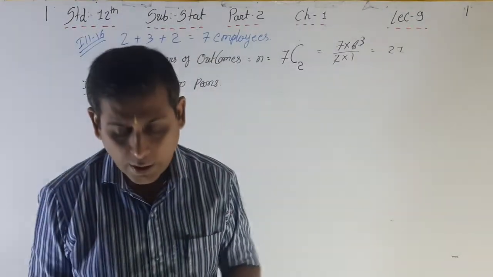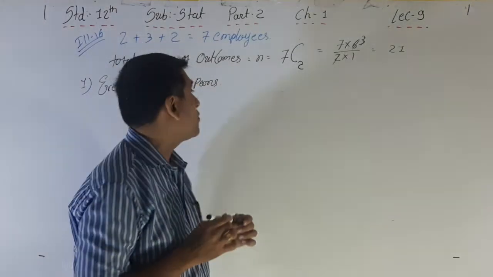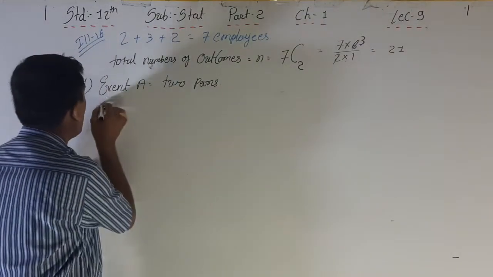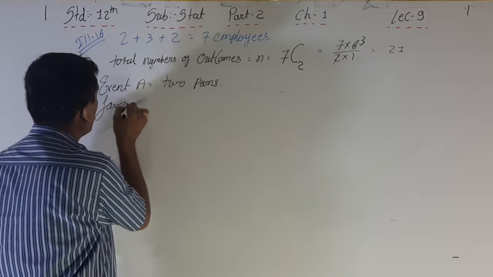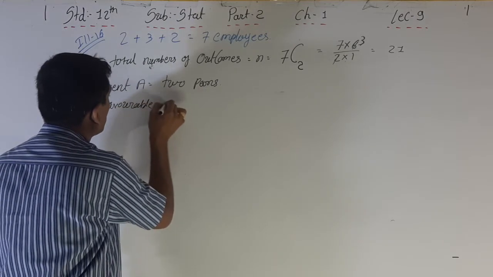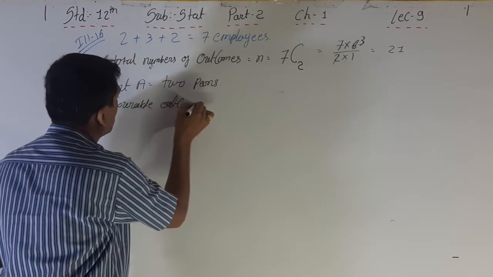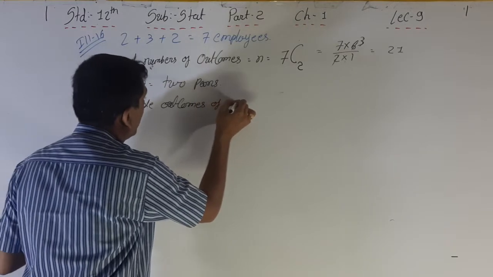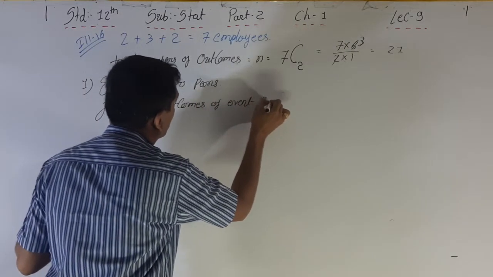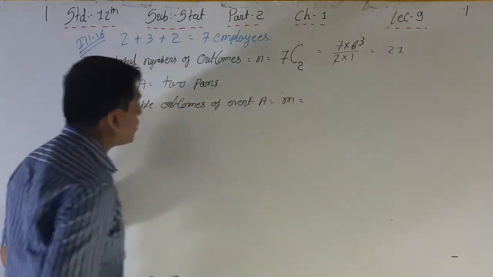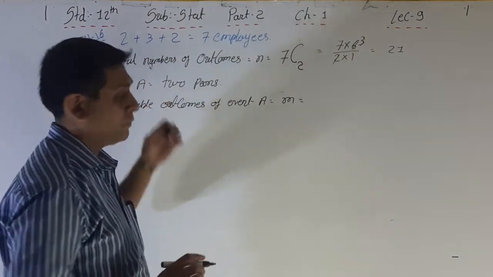Right? So here the event of selecting two peons means the favorable outcomes of event A, that is m is equal to, see how many peons are there.